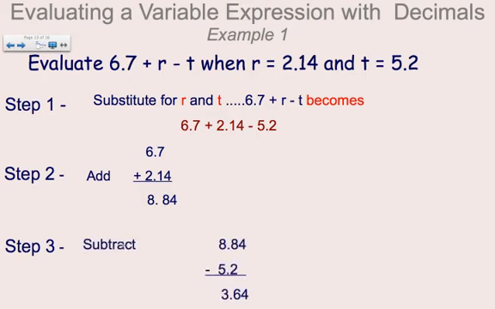Again, that's the next step in our expression. 8.84, my total from step 2 when I added, minus t, which is 5.2, becomes 3.64. So again, the key point in this, all we're doing is replacing the variables with the values they give us, and then we follow our order of operations and our steps for adding and subtracting the decimals.